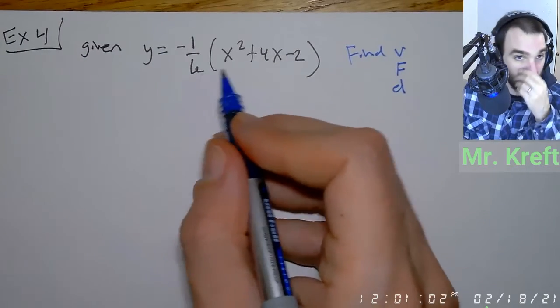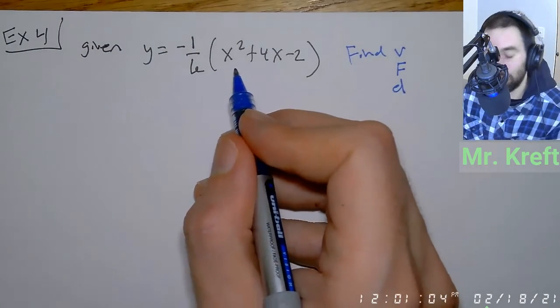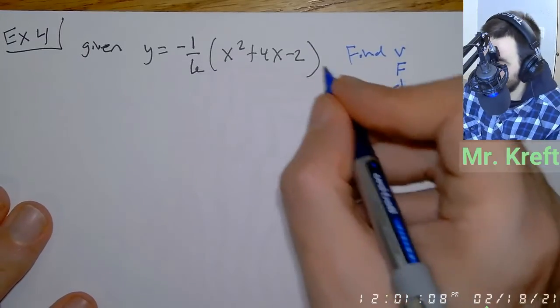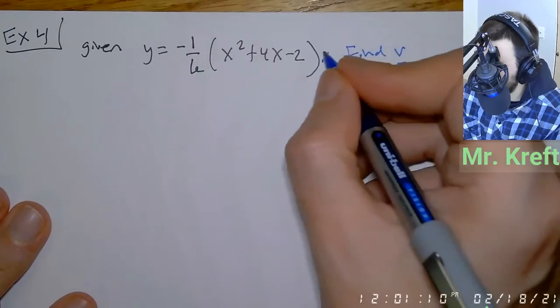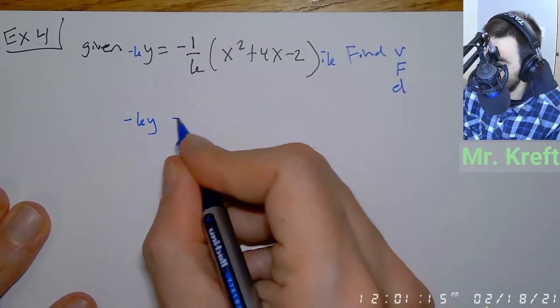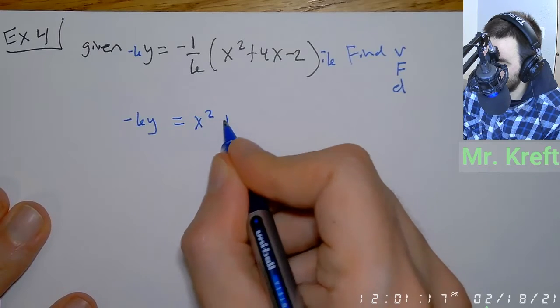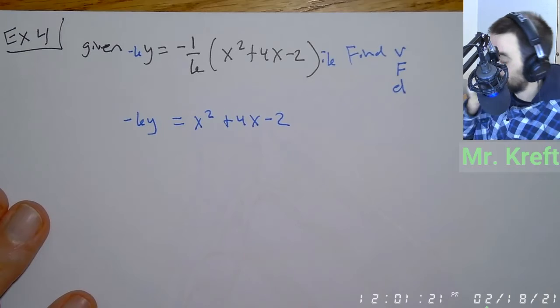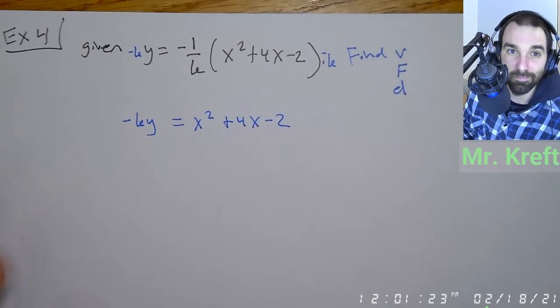So the first thing I want to do is isolate my x term. So unfortunately I did x. Oh well, it doesn't matter. So I'm going to start by multiplying both sides by -6. So I get -6y equals x squared plus 4x minus 2. Then you look, is this a perfect square? It's not a perfect square.